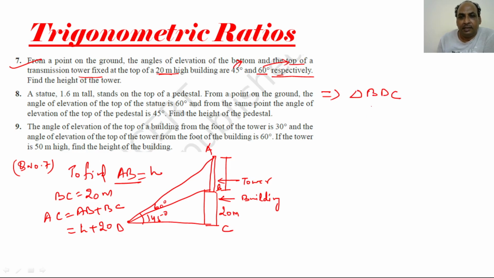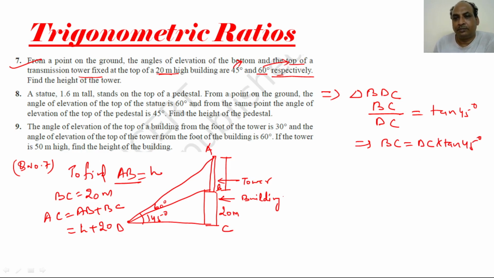In this we can write BC by DC is equal to tan 45 degree, and this gives us BC is equal to DC into tan 45 degree. So BC we already have as 20, and tan 45 is equal to 1. So it means DC is equal to 20 meter. So DC is also equal to 20 meter.